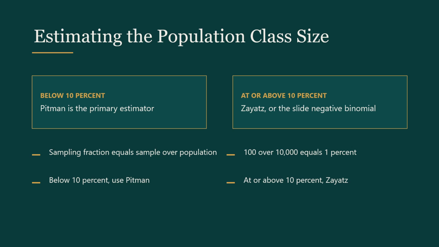If the sampling fraction is below 10%, the Pitman estimator is the accurate tool and should be your primary choice. If the sampling fraction is at or above 10%, use the Zayatz estimator or the slide negative binomial estimator, choosing between them by the variance you observe. That is the whole rule, and it is citable, which is why it belongs in your report by name.